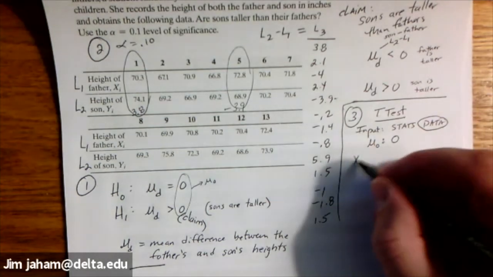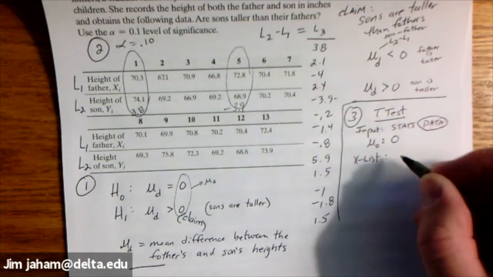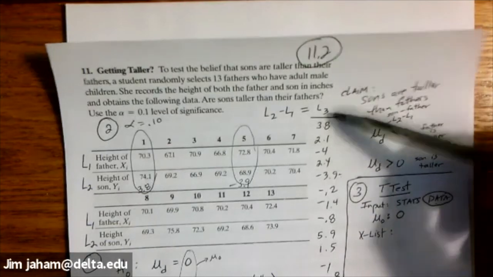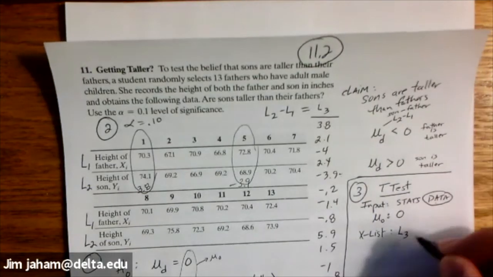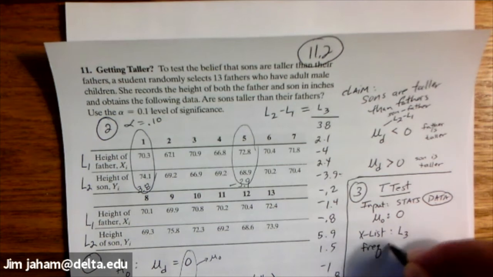Then it's going to ask you for the X list because you selected data. Now, remember the list where we put our differences? That's the one you want, and that's L3. So the X list is L3, and the frequency is 1.